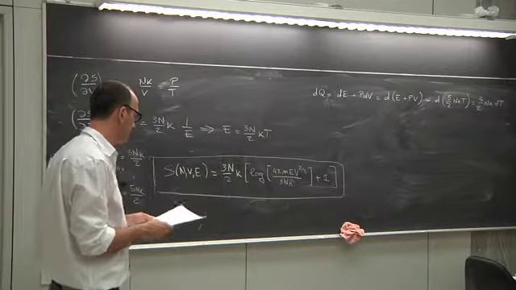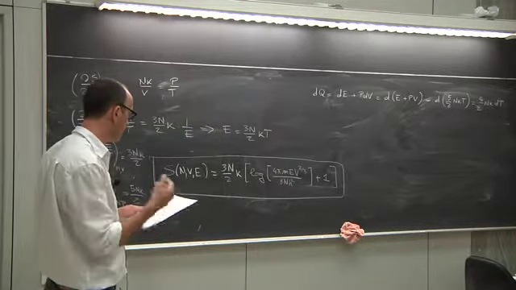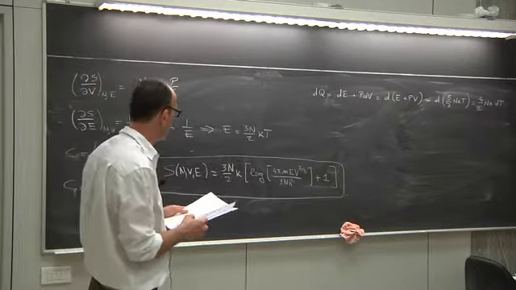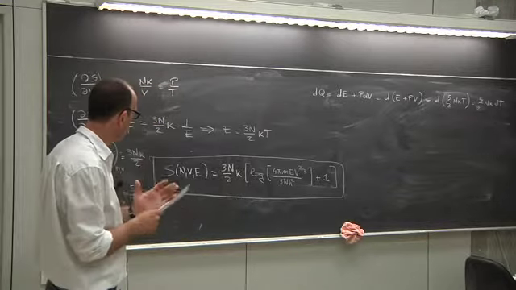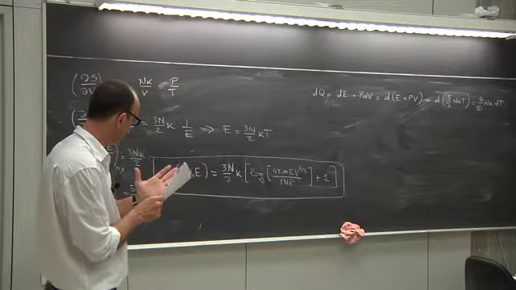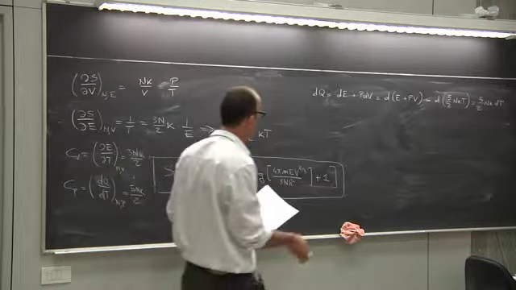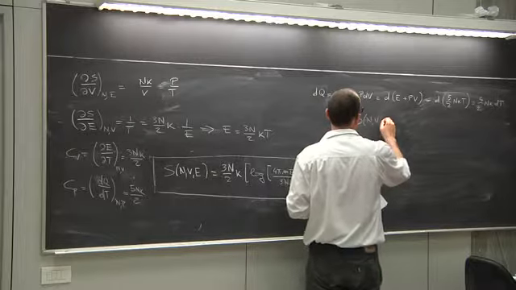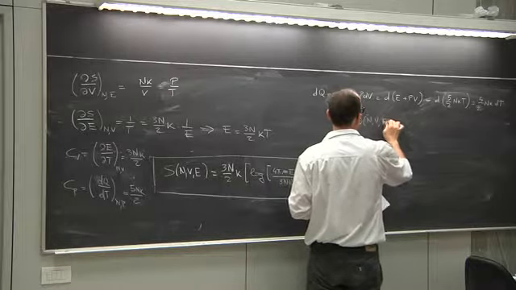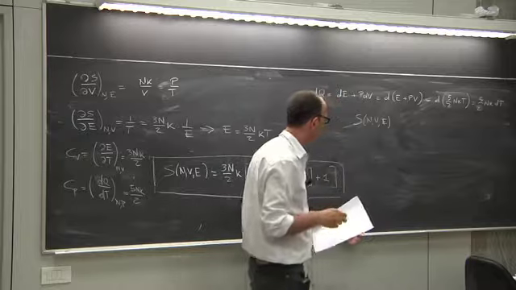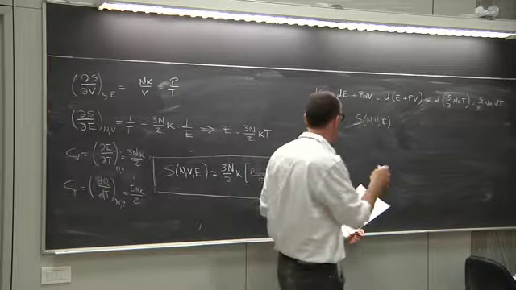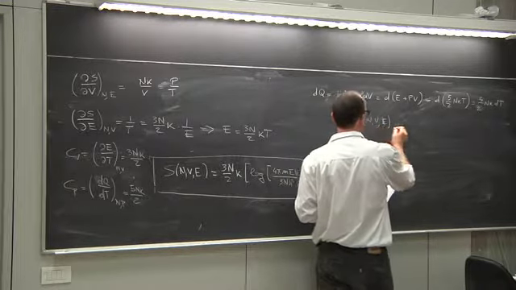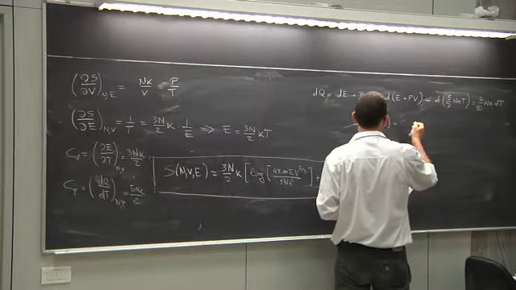This is quite general, actually: for an ideal gas, quantum or classical, the entropy depends on the volume and on the energy only through this combination.